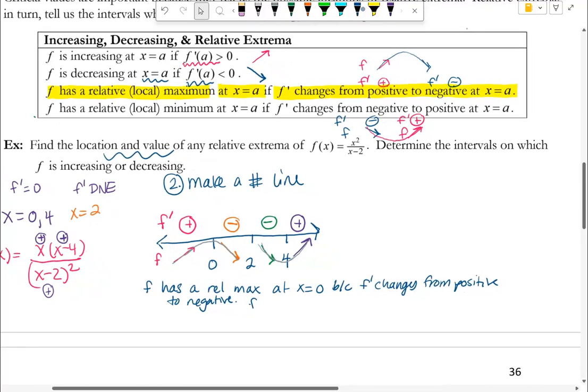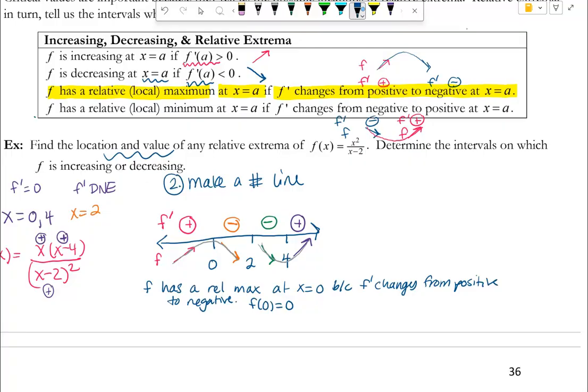So f of 0 is 0. So our relative max is 0, and that is the output.